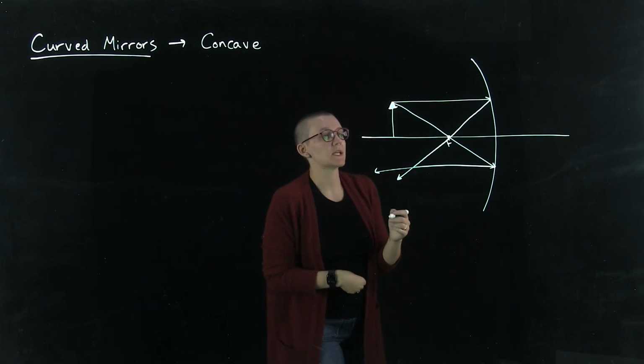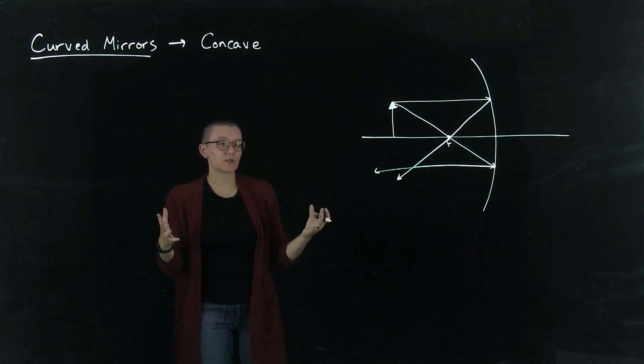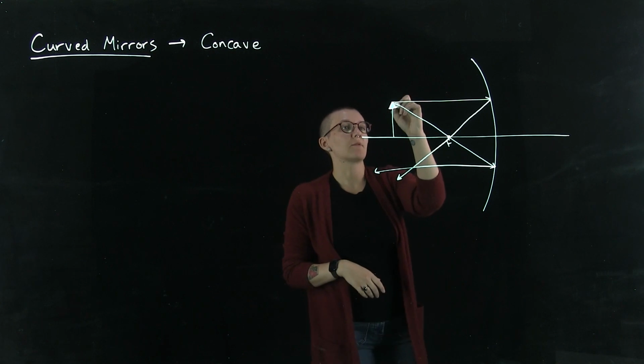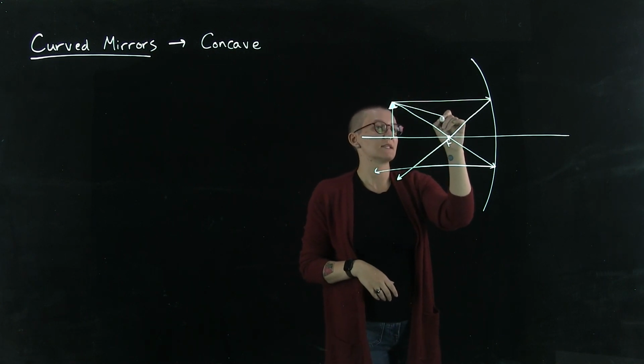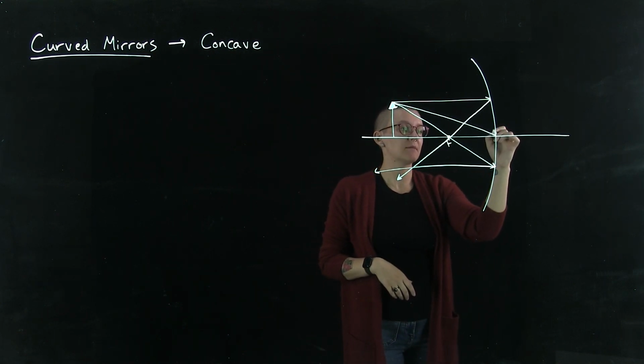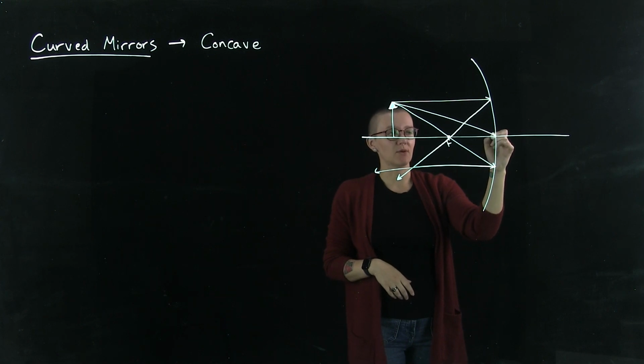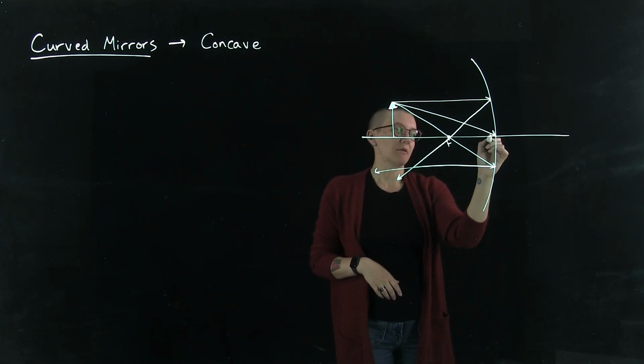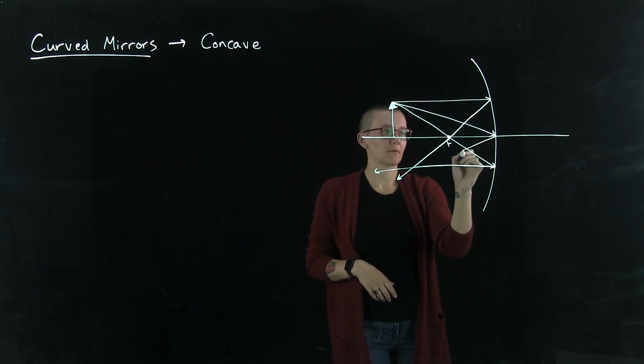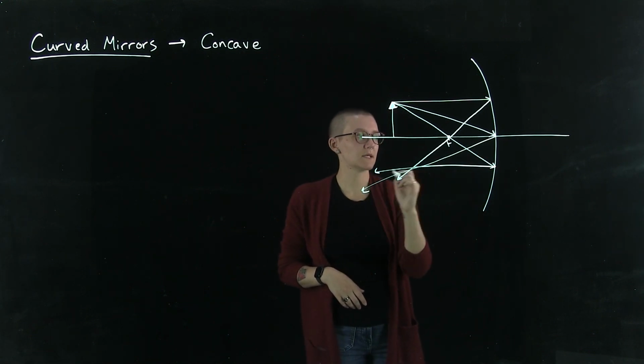We're going to use the law of reflection here. When you have a light ray that comes in and hits the center point, it will be reflected back at the same angle that it was incident on. So just like that. Then this light ray will be reflected at the same angle, so it'll look something like this, right?